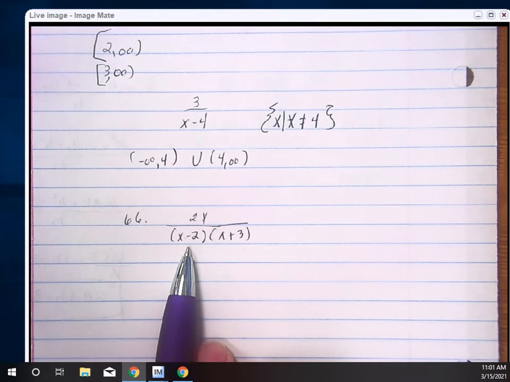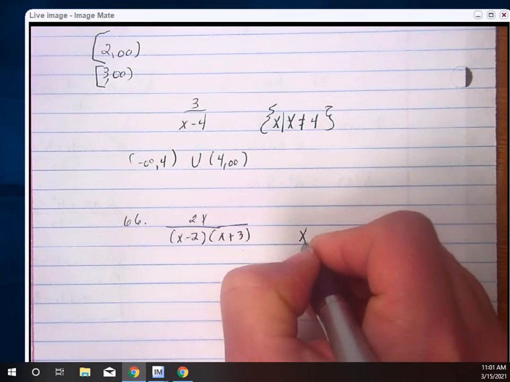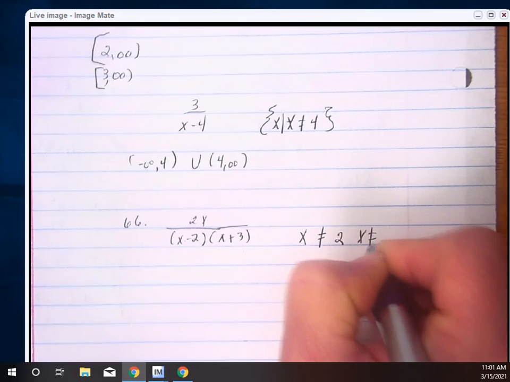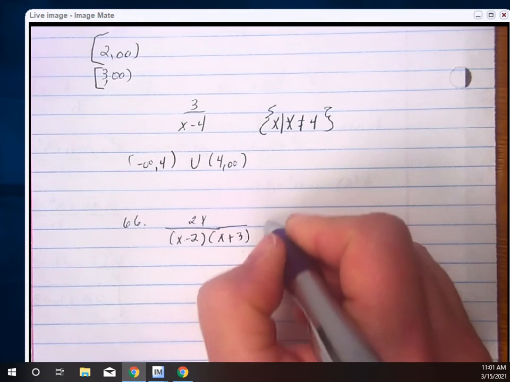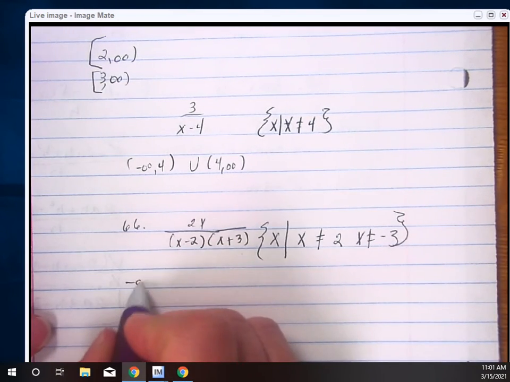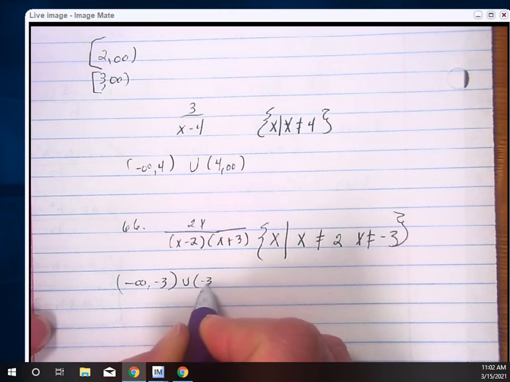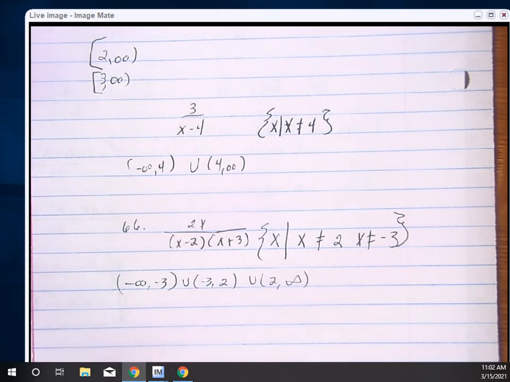Is it 2 different? 2 and negative 3. So x cannot be 2 and x cannot be negative 3. X such that. So if I'm going to write that in interval notation, you are going to have 3 parts: negative infinity to negative 3, negative 3 to 2, and 2 to infinity. Are you okay with that?